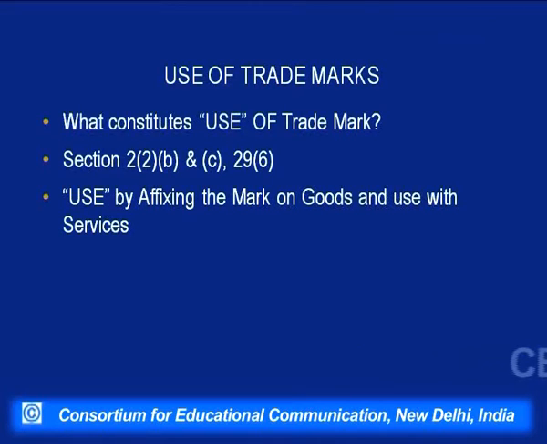So either by affixing the mark onto the goods, for example, Coca-Cola uses the word Coca-Cola by affixing it in that peculiar color combination with that stylized font on the Coca-Cola bottle. That is a use on those goods by affixing it. Or it may be by just offering those services by that name. So use can be done in two ways: on goods, by affixing on the goods, or by offering the services by the name of the trademark.